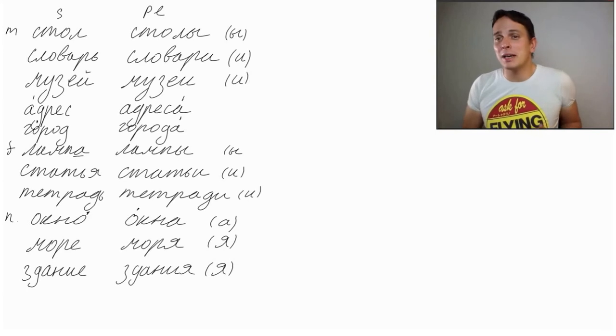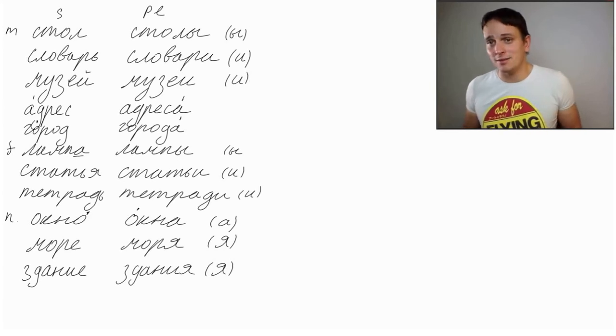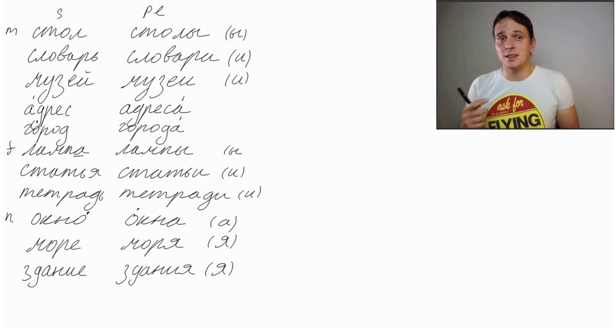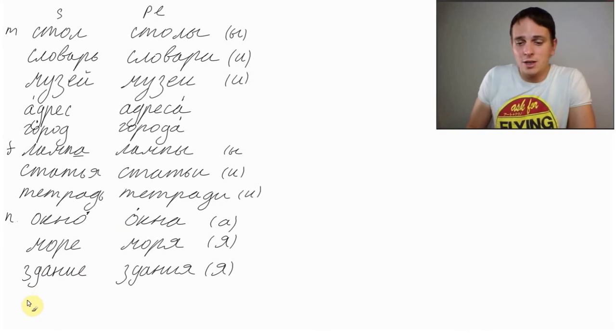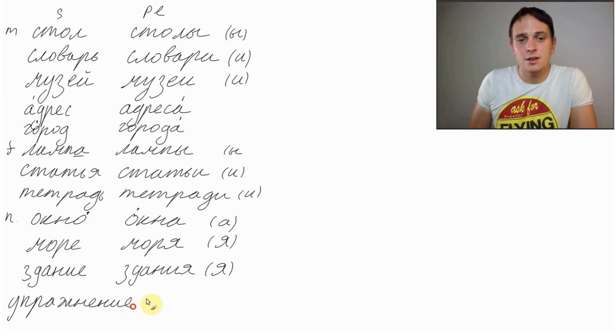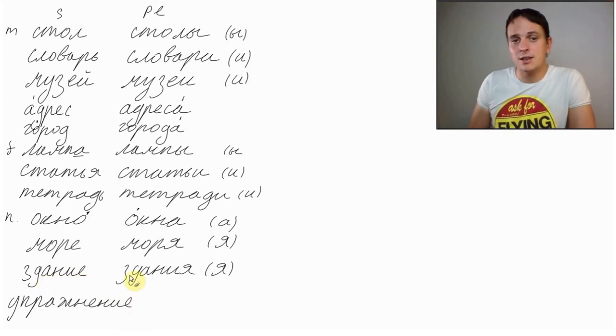Let's say you are coming across a word упражнение, exercise. Упражнение, it is ending in ye, meaning it's neutral. The ending is ие. I will write it for you. Упражнение, exercise. Здание is building. Здание, здания. Building, buildings.